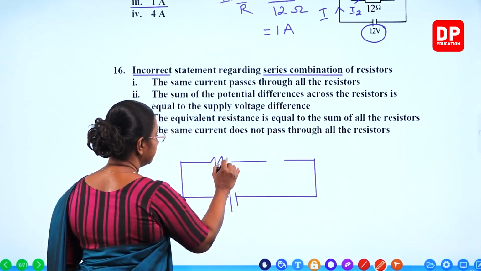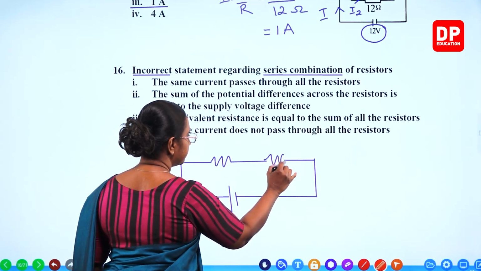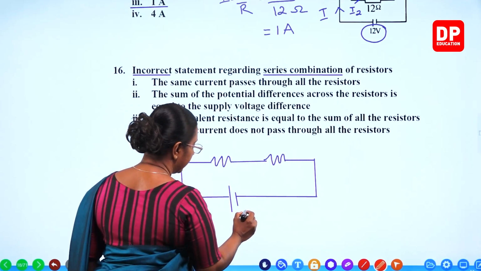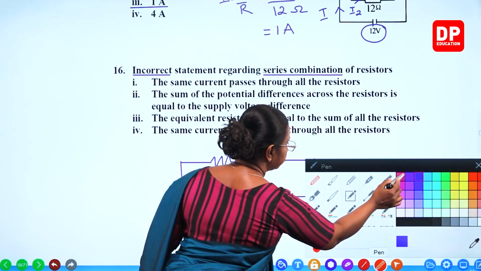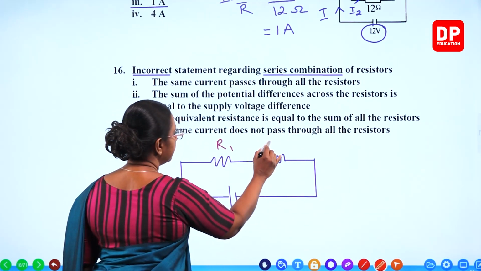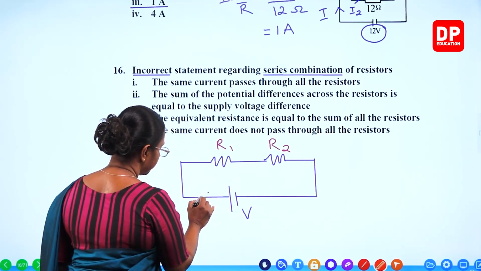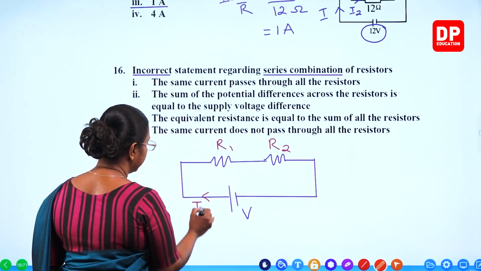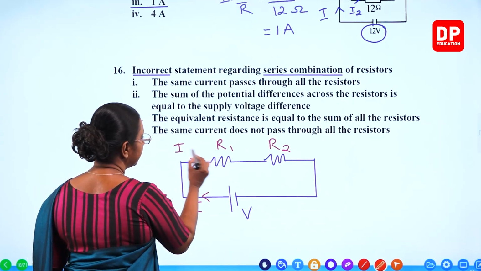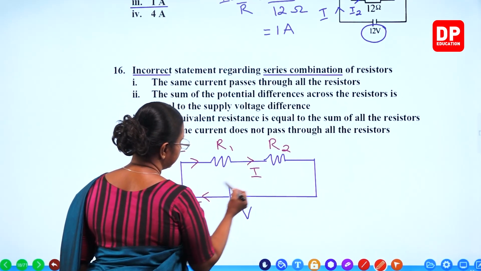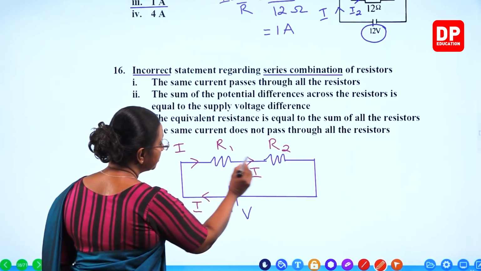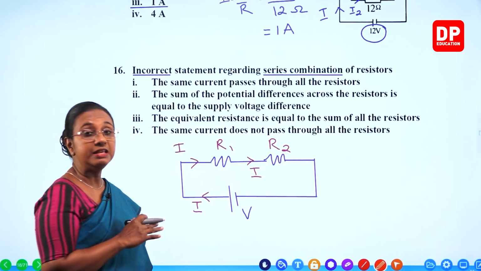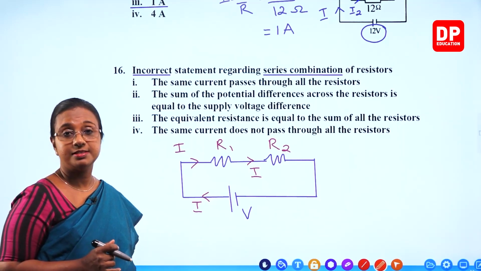so here if you have a series combination like that and potential difference, R1, R2, so there will be a current flow I. The same current will flow through both the resistors because it is a series combination, but the potential difference will be divided between the resistors.